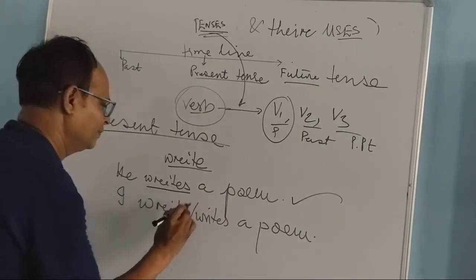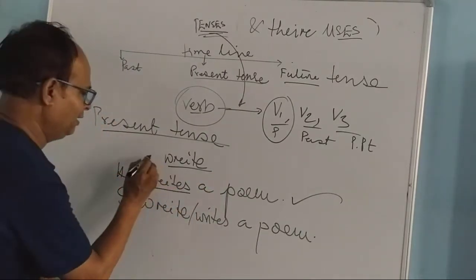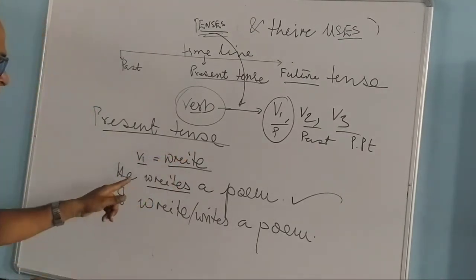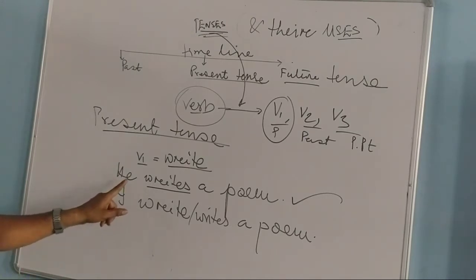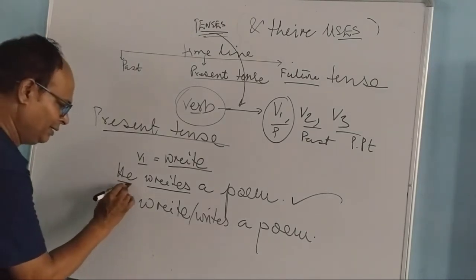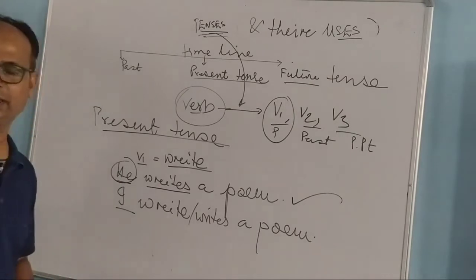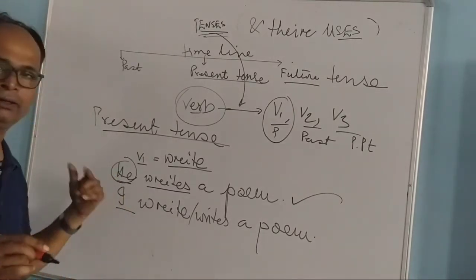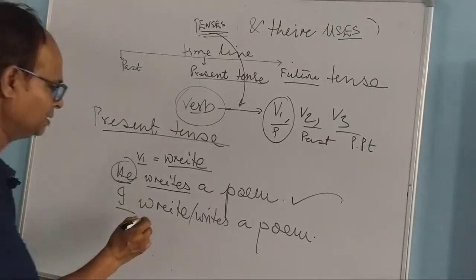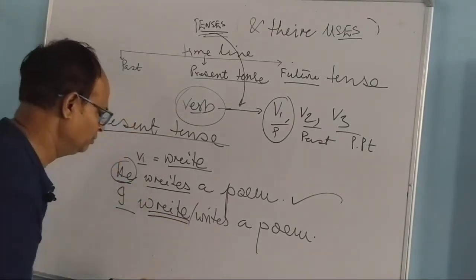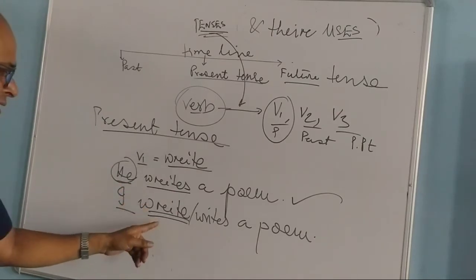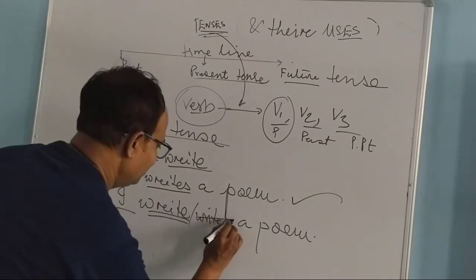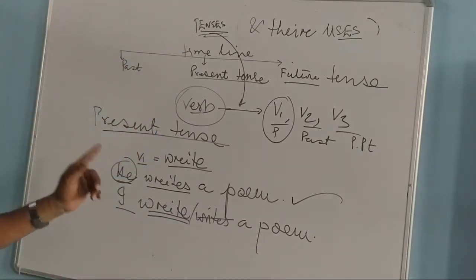Here S comes; the original verb, or the verb in the present form, is write. So, when there is a change in the subject or person, like the pronoun he or I or you, then you will see that some changes occur in the verb. Second one, you see, I writes. Which one is correct? Certainly the first one is correct, the second one is wrong.